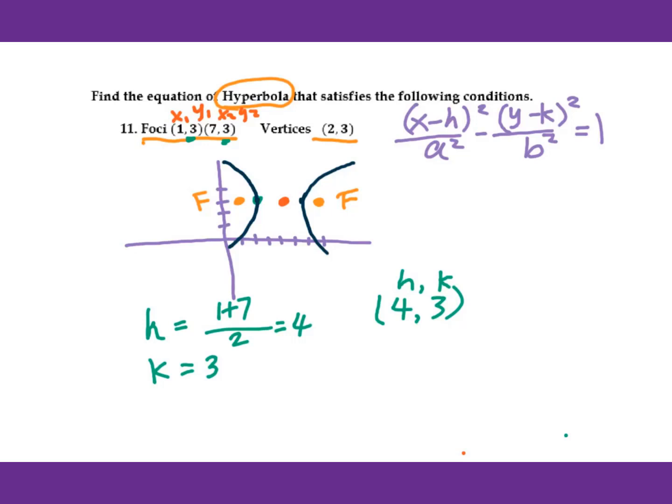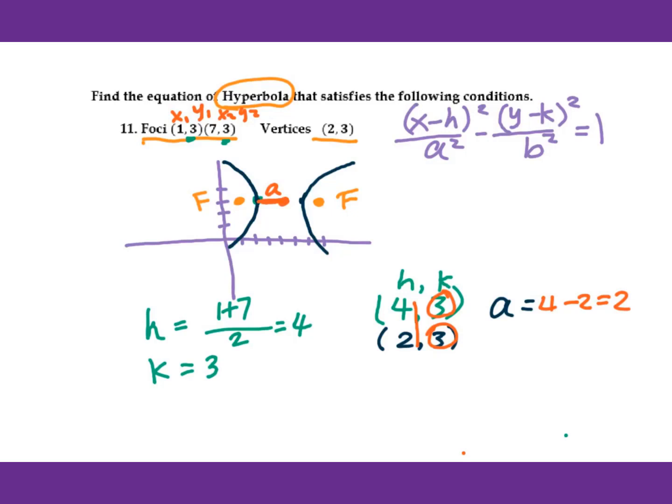From center, we go to vertex distance. That's a. We know this is the center. Vertex is (2, 3). So distance a equals, for the y coordinate same, therefore we just do subtraction for the x coordinate. 4 minus 2 equals 2.